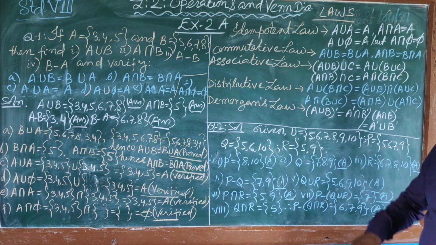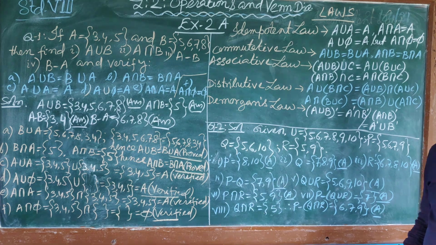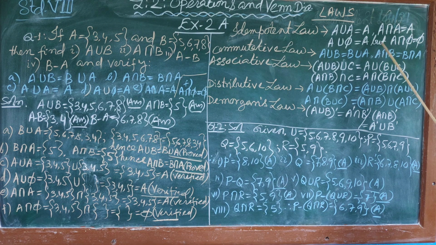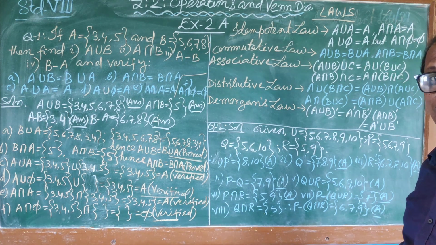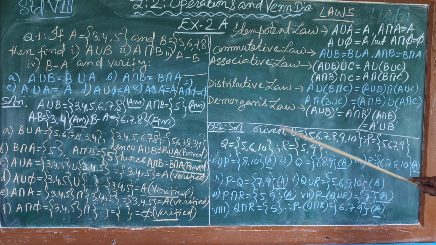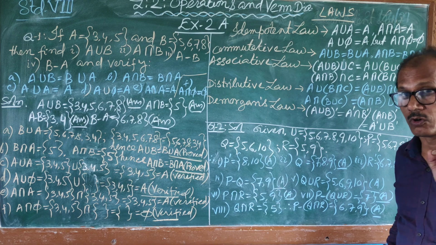But if you are intersecting, meaning common elements, the empty set will be the part of set A. The empty set is the first subset of any set. So intersection of a set with the empty set will be the empty set, but union of a set with the empty set will always be the set itself.